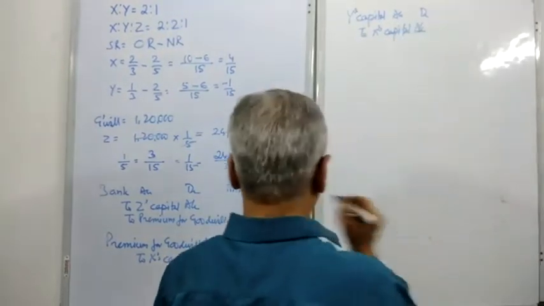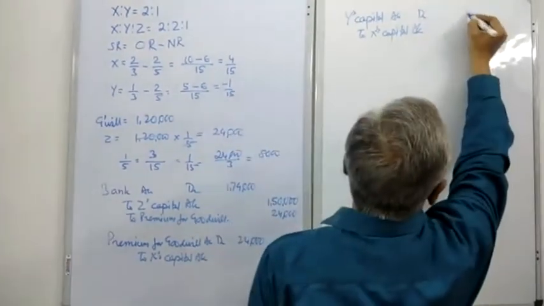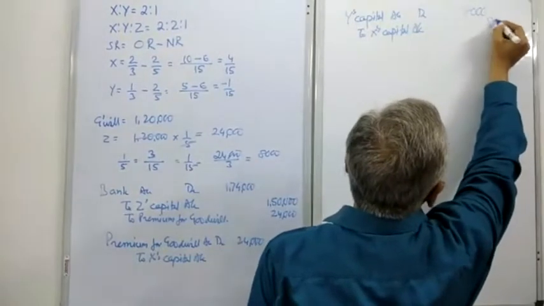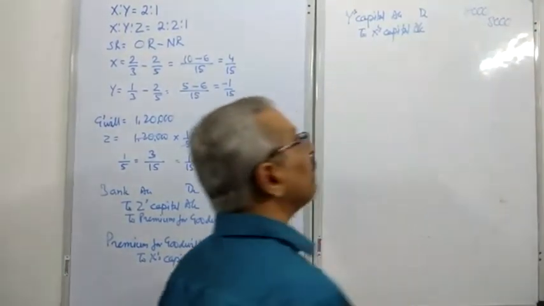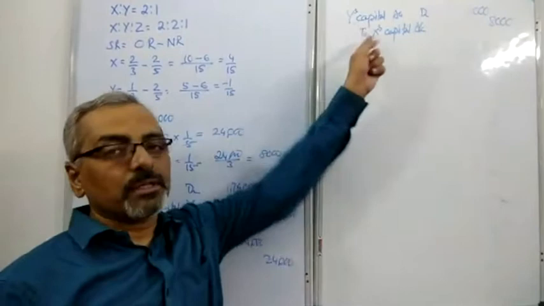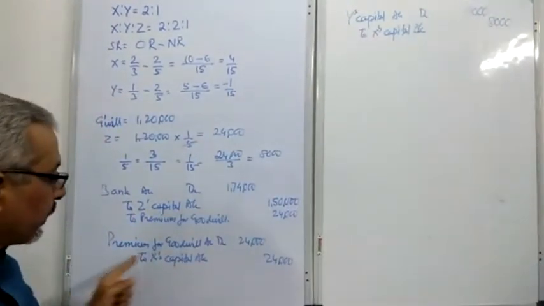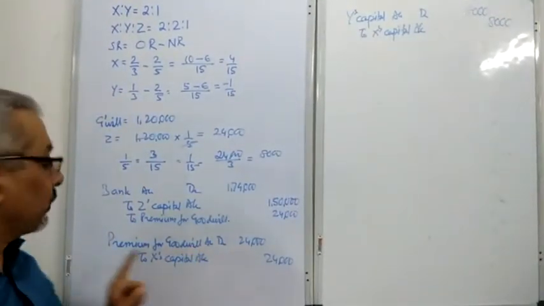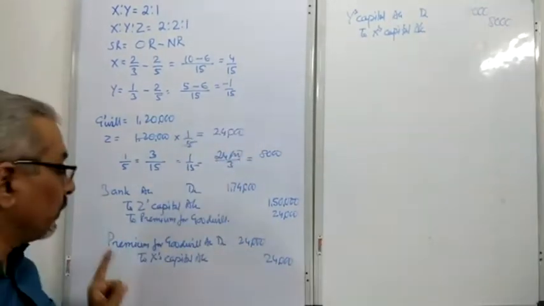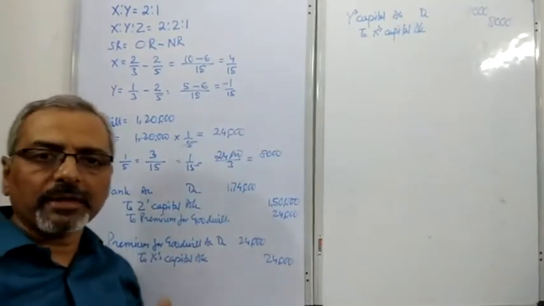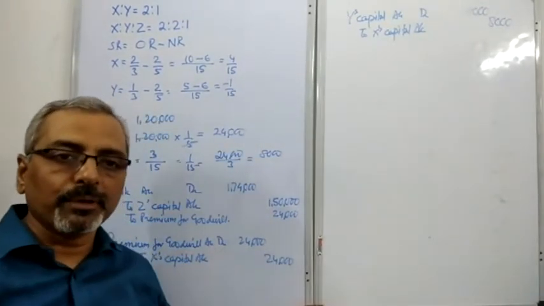Please see very carefully, the amount we have calculated is 8,000. Okay, so we can obviously combine these two journal entries and write premium for goodwill account debit 24,000, Y's capital account 8,000 to X capital account 32,000. That can be done, but I've shown you separate journal entries.